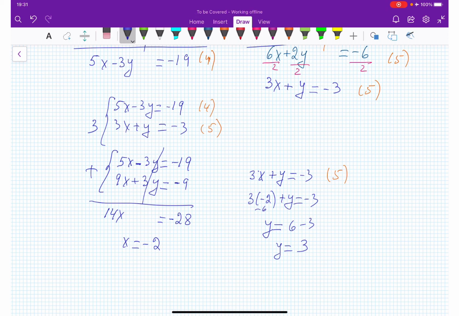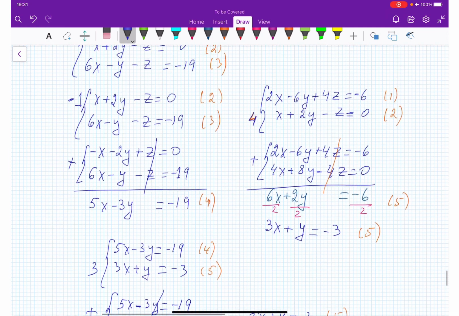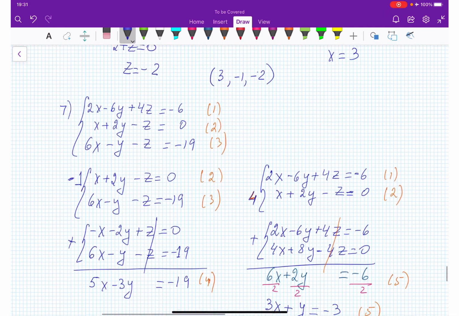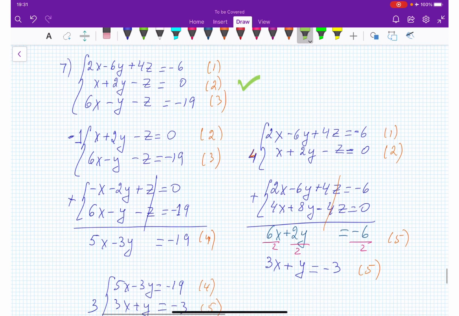Okay, so from here we need to find z. I have x, I have y. Let me see where I'm going to plug. No hesitation, plugging into second, the easiest one. X plus 2y minus z.